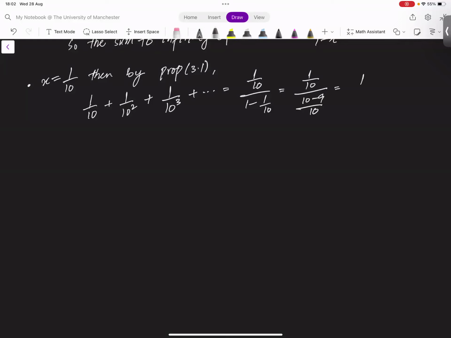And you can write 1 over 10 multiplied by 10 over 9, and this is 1 over 9. So the sum to infinity of this series is 1 over 9.